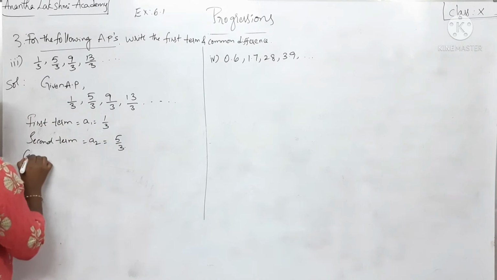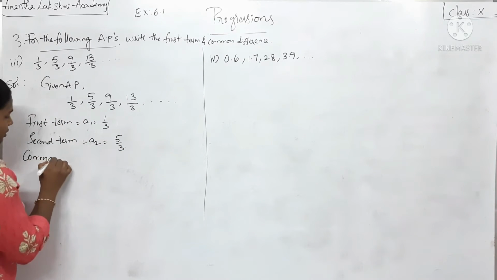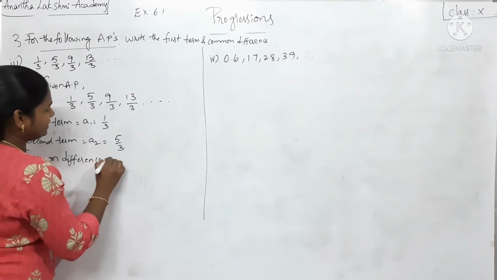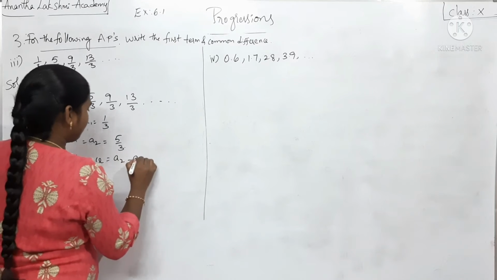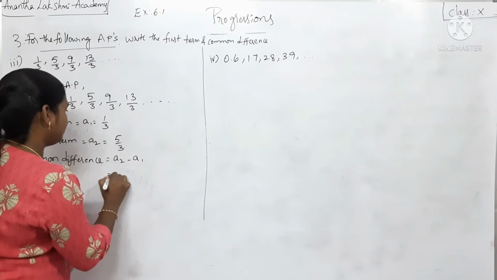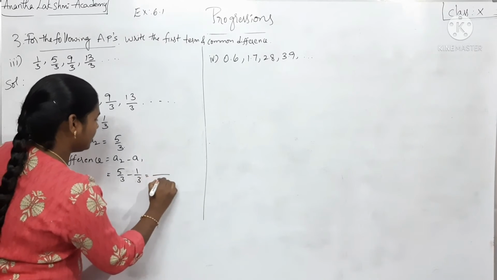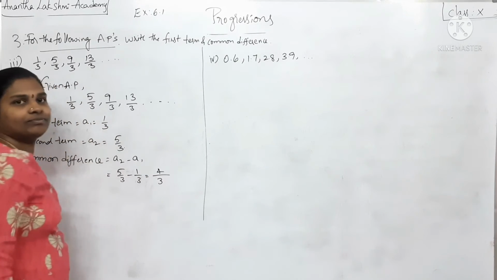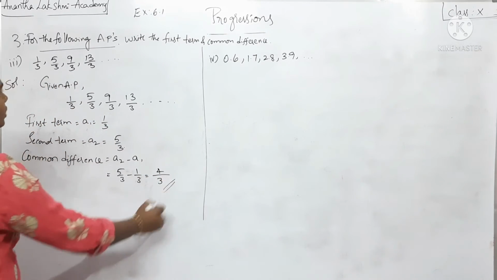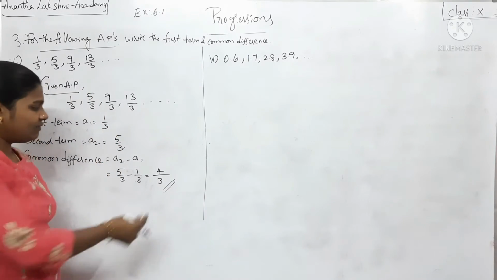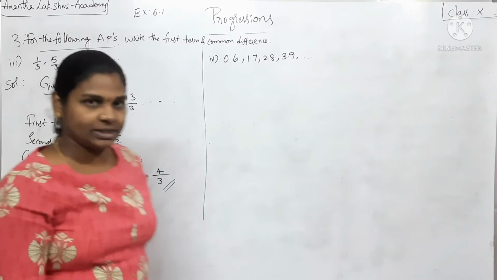So the common difference would always be A2 minus A1. So that is nothing but 5 by 3 minus 1 by 3. As you take the LCM, this becomes 4 by 3. Okay. Why am I not calculating for the rest of them? Because it is already given that AP. Even if you calculate, you will get the same result as 4 by 3.